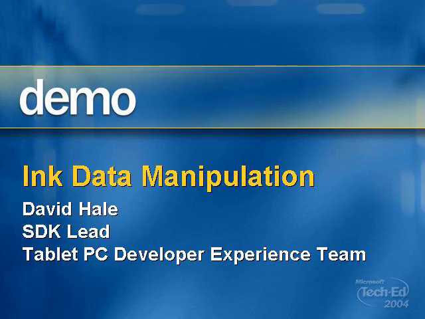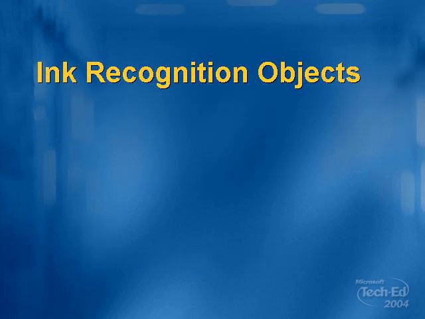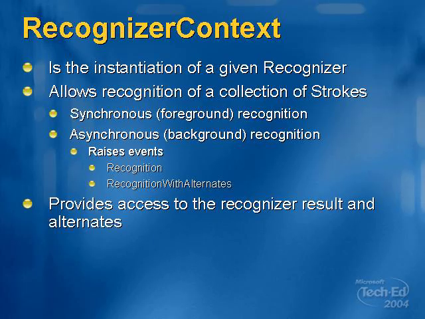So I'm going to move on to ink recognition. The key object when you're working with ink recognition is the recognizer context object. A recognizer context object is a specific instance of a recognizer installed on the machine. As you remember, you have that recognizers collection, which represents all the recognizers installed on the tablet PC that you can iterate through to find the recognizer you want.